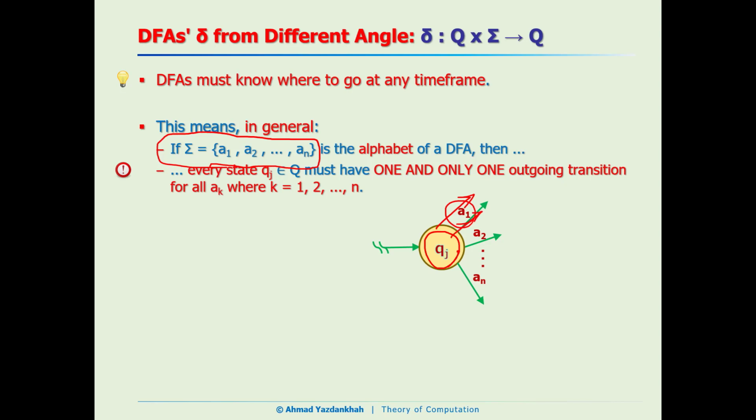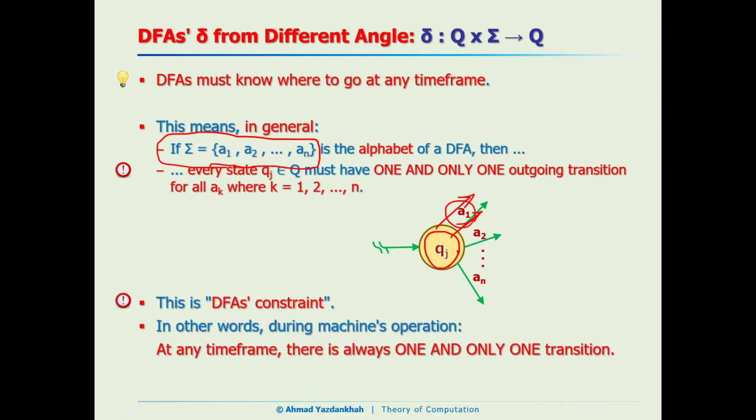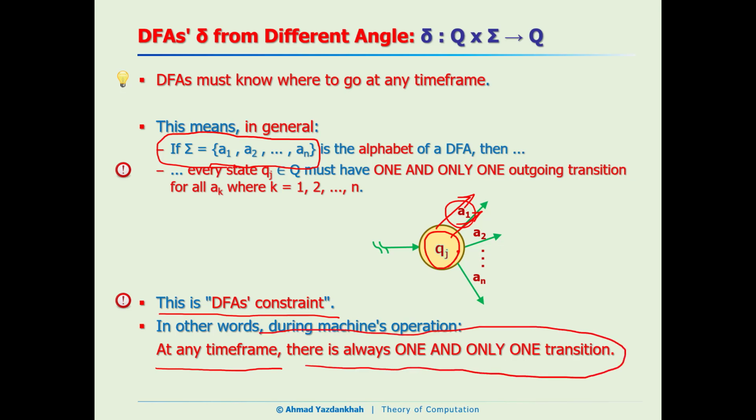And this is actually called the DFA's constraint. So the DFA constraint is very strict, and it means that at any time frame, there is always one and only one transition. That's very strict. As I said, for the other classes of machines, this strict rule will be a little bit relaxed.